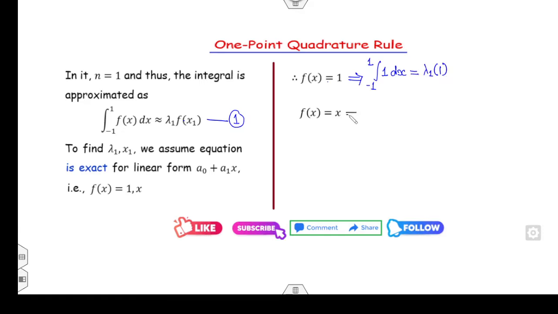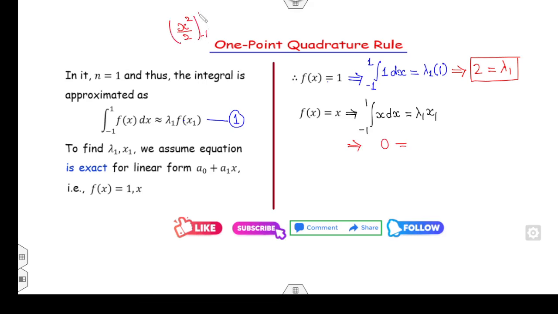On the other hand, if I substitute f(x) equal to x, on the left hand side we have the integral of x dx, which is equal to lambda 1 into x1. Now can you solve this integration? The left hand side is 2, which is equal to lambda 1. If you solve the second integration, the left hand side is 0. Why? Because the integration of x is x square by 2 from -1 to +1, that number will be half minus half, which is 0.